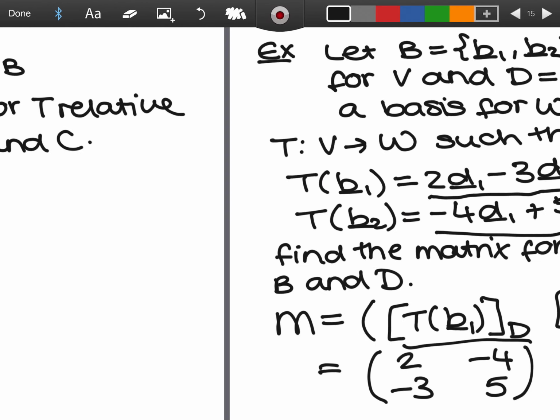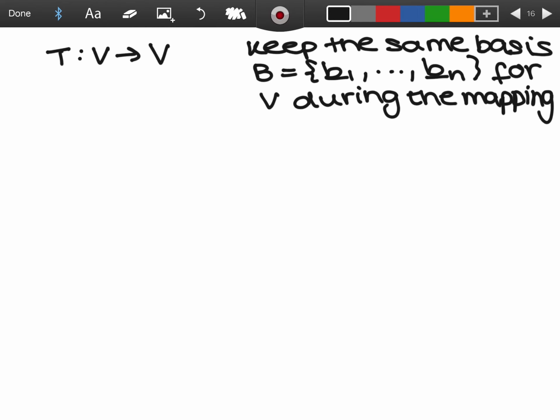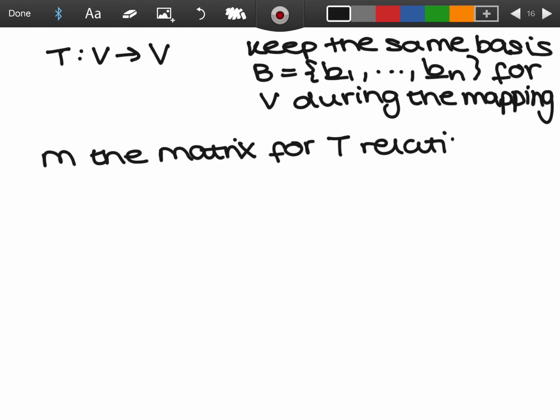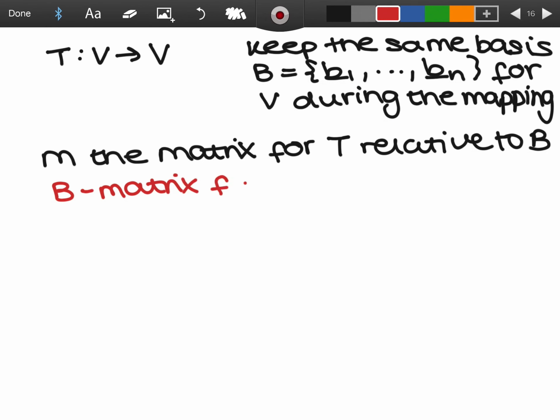So I'm sticking to the same basis both times because I want to stick to the same vector space and the same basis. So we actually call M the matrix for T relative to just B, or shorthand, the B matrix for T. Before, we denoted it as M when we were going from one vector space with a certain basis to another vector space with a certain basis.